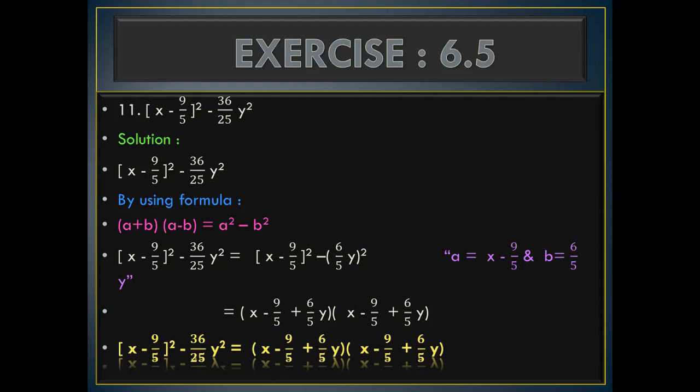In the next bracket, there is a negative sign: x minus 9 by 5 minus 6 by 5. So our answer will become x minus 9 by 5 plus 6 by 5 and x minus 9 by 5 minus 6 by 5. Do the correction over here.